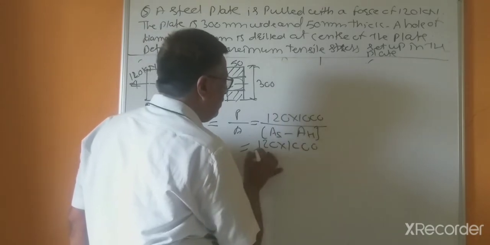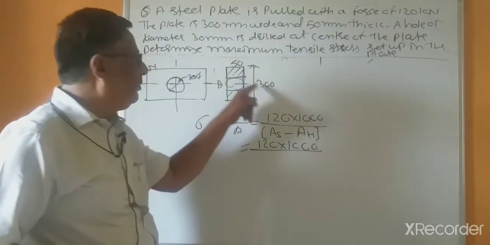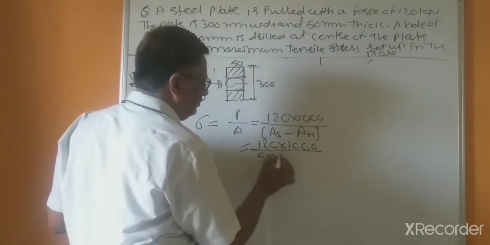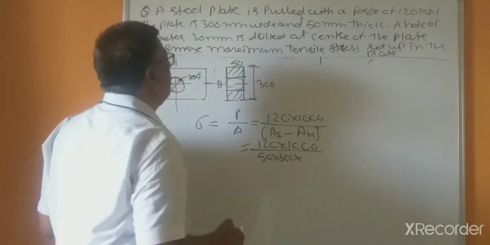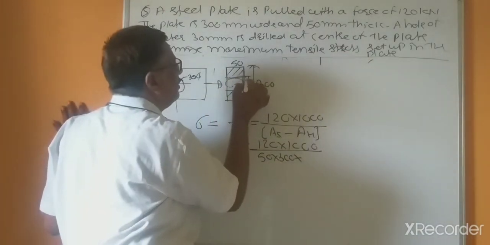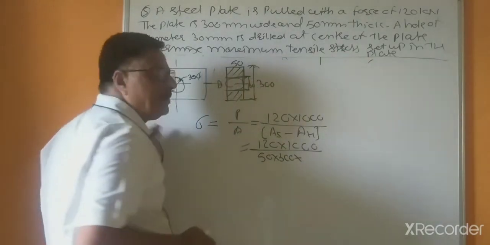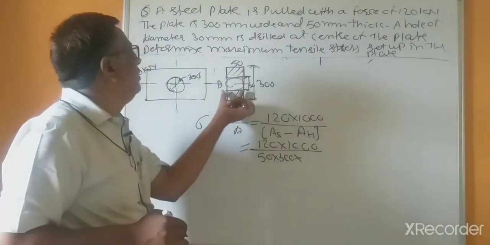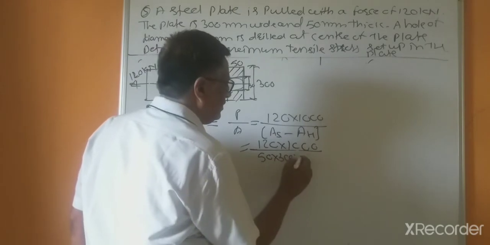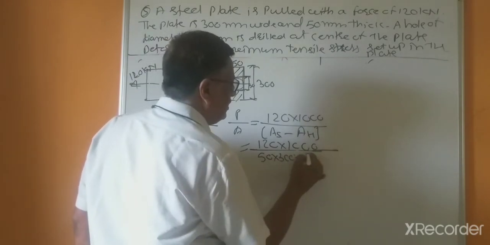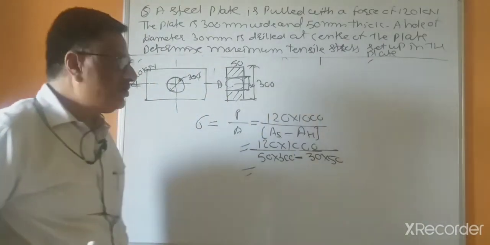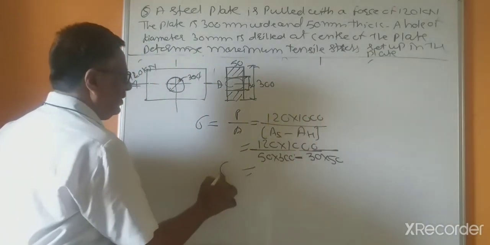Now solid area equal to, how can you calculate? 50 multiplied by 300, and diameter is 30 and thickness equal to 50, minus, try to understand this, 30 into 50.